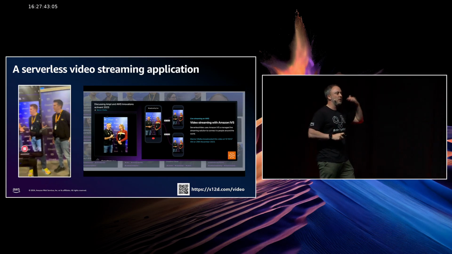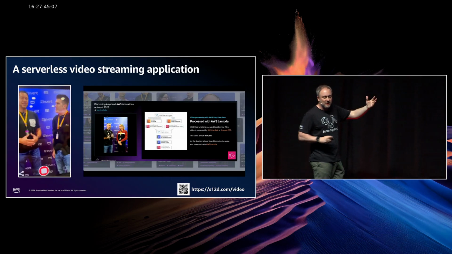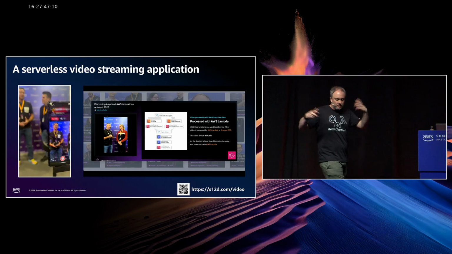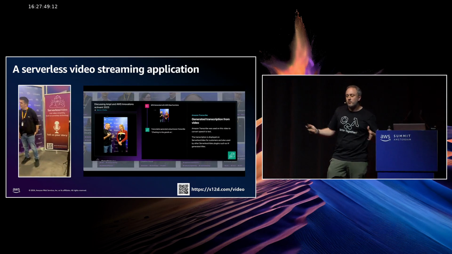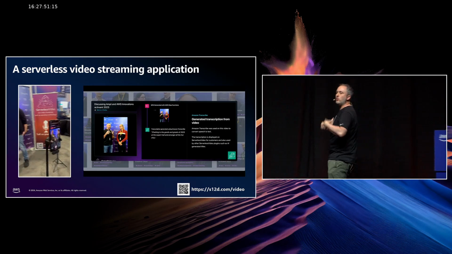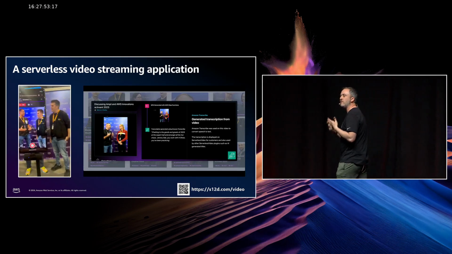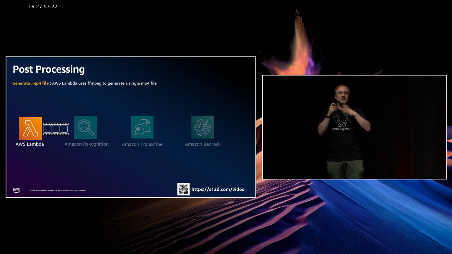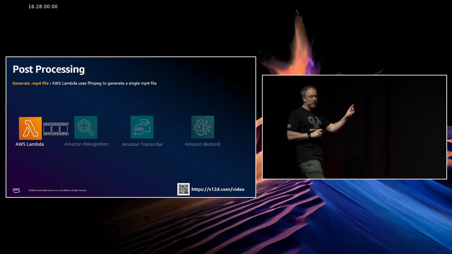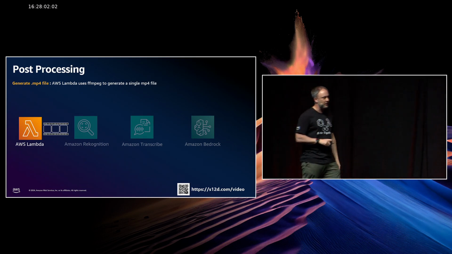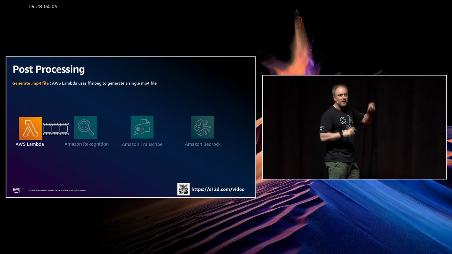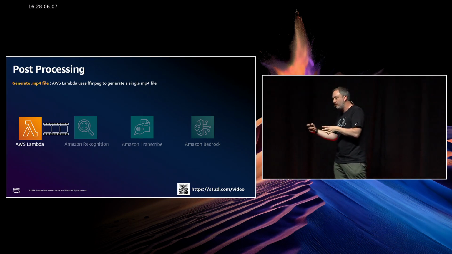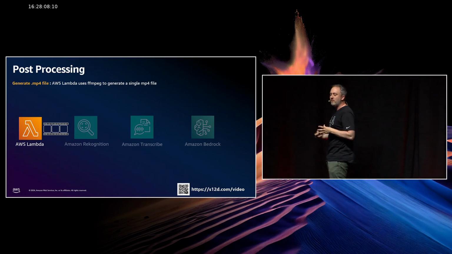What then happened is when the live stream or that broadcast ended, that video file would go through a post-processing workflow that would add all sorts of valuable information for that video to be available to watch on demand. Here's a small example of what happened in post-processing using Step Functions, right? We would use Lambda to convert the small TS files, the streaming files, to a single downloadable MP4 file.